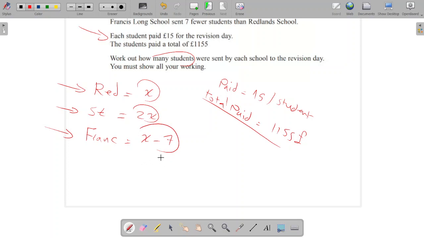So how do you do that now? The information that you have here is going to help you understand one thing. If every student paid an amount of money, and I know the total amount of money paid by the students, it means that I can know the number of students by applying this equation.